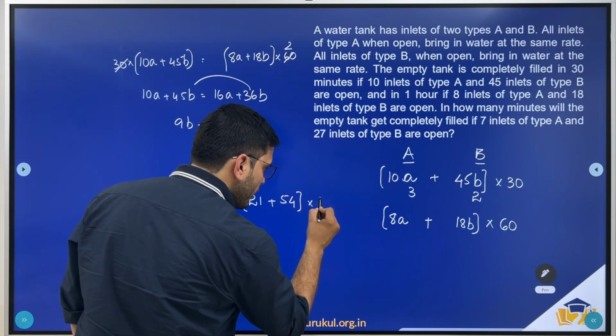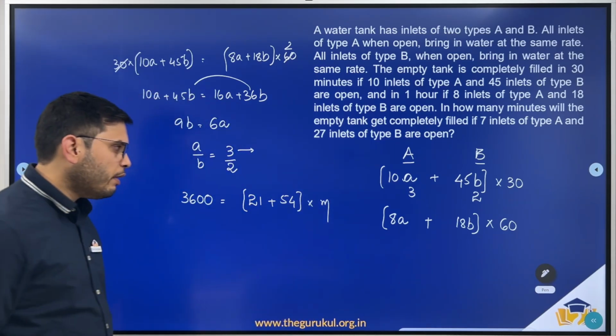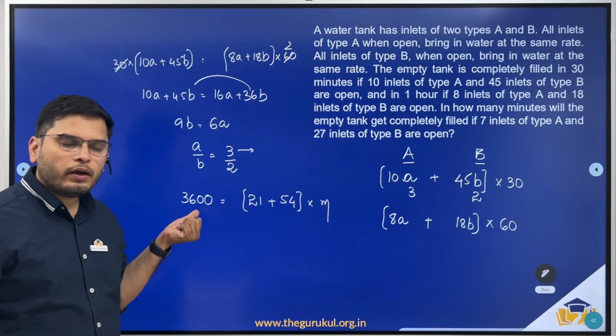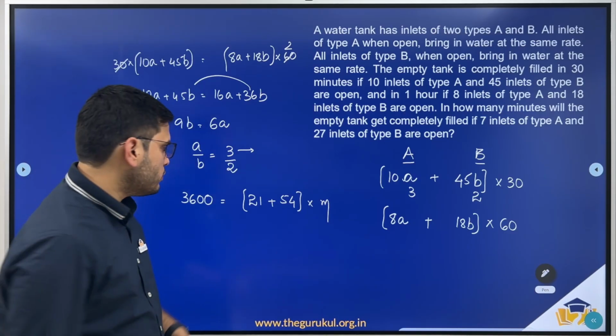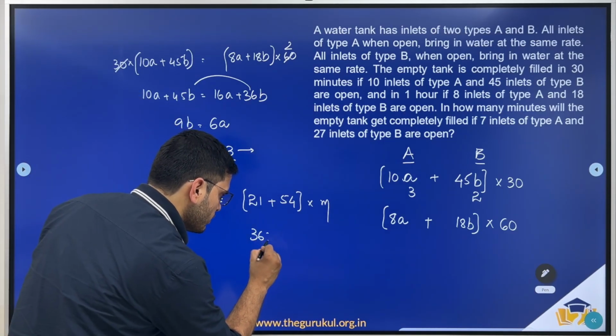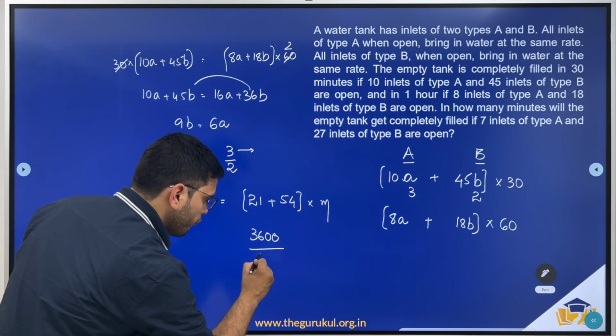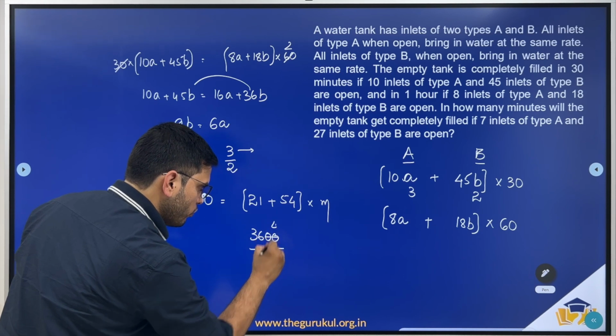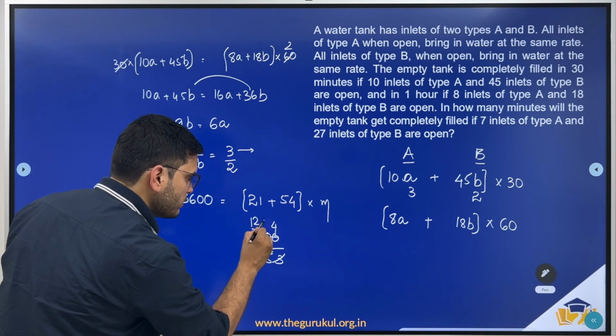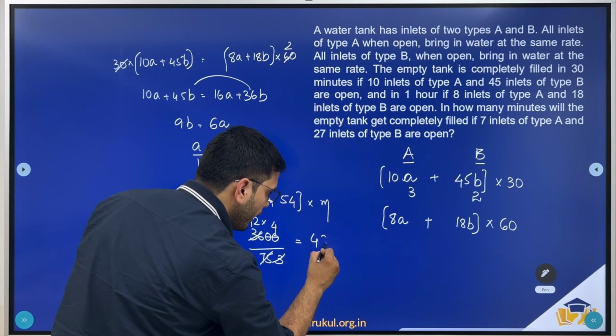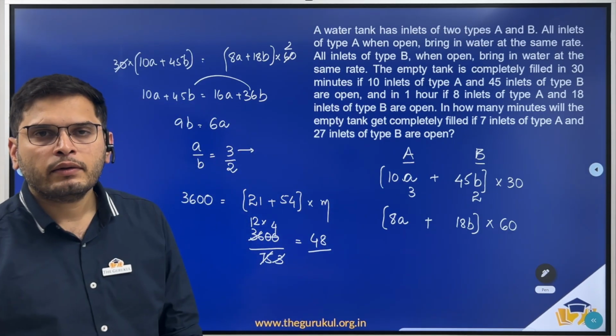Now for how many minutes should they be open? They'll fill a total of 3600 liters, right? So that would be 3600 by (21 plus 54), 75. 25 threes, 25 fours is 100, 3 twelves 36, 12 into 4. So the tank would be filled in 48 minutes.